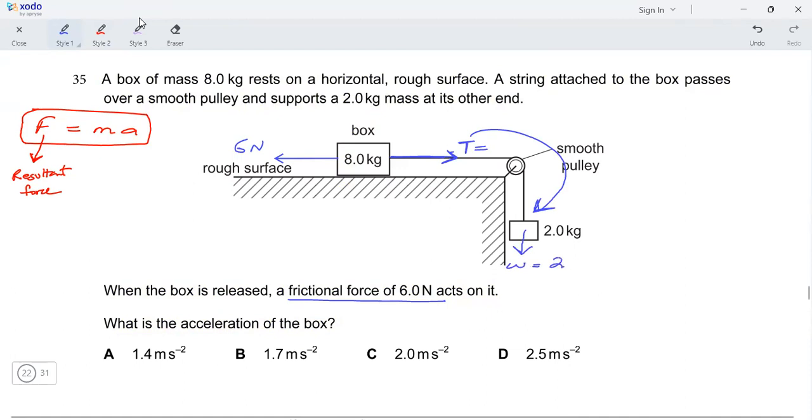W is equal to 2 multiplied by 9.81. So the tension in this string is equal to 2 multiplied by 9.81, which is 19.62 newtons. So I got the tension. Tension is 19.62 newtons.